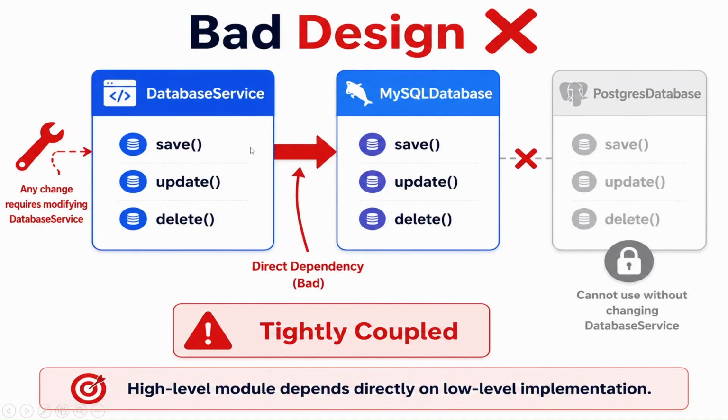DatabaseService directly depends on the MySQLDatabase class. If we read this line, a high level module depends directly on a low level implementation. When this type of scenario occurs, we end up with a bad design. I will explain why this is bad design with a practical example.